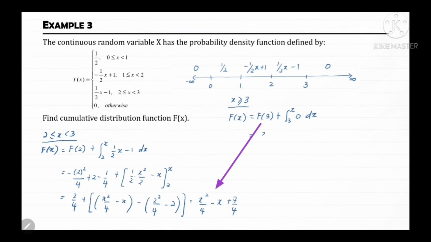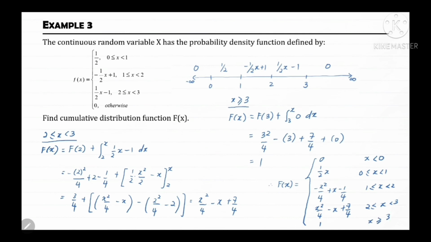So F(3) is 3 squared over 4 minus 3 plus 7 over 4, plus integration is 0. So equal to 1. Therefore, this is the cumulative distribution function.